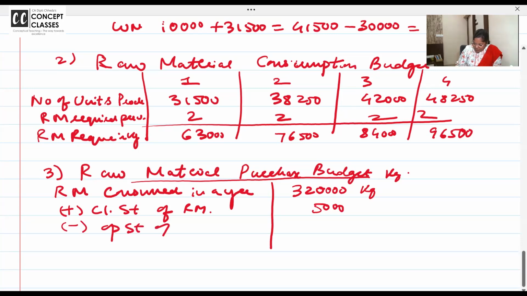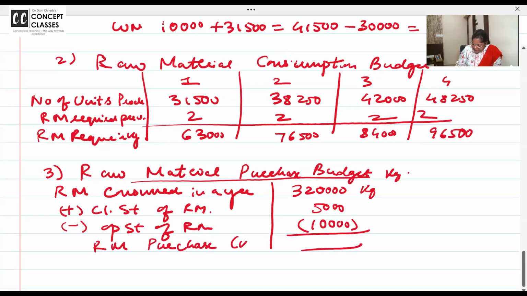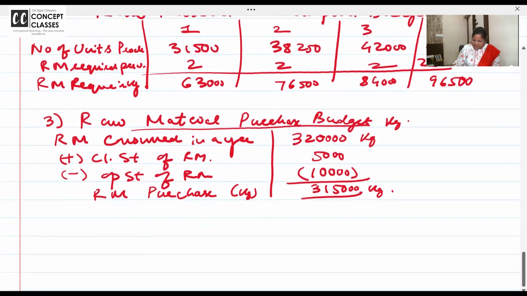Minus opening stock of raw material. कितना है? 10,000. Whenever it is minus, put it in bracket. So what's the raw material purchase in kgs? कितना raw material आप खरीदोगे? 3,15,000 kgs.